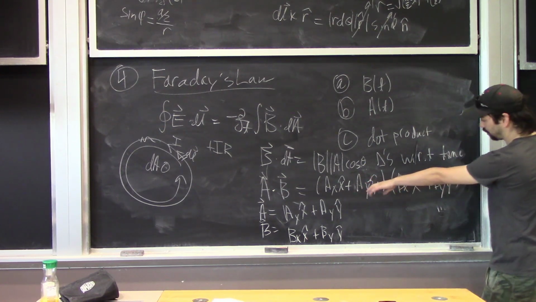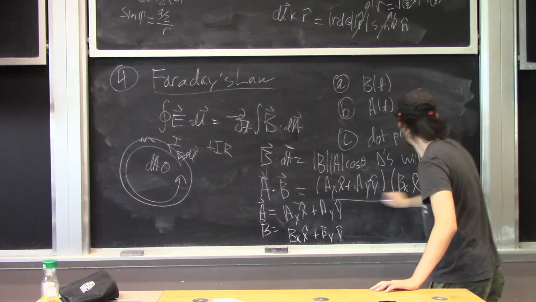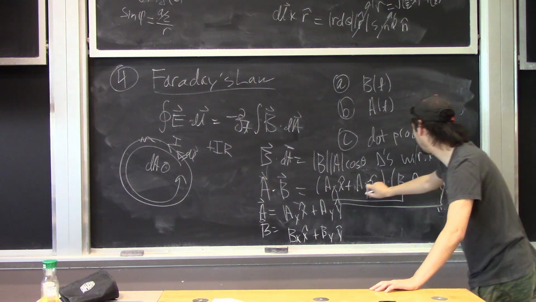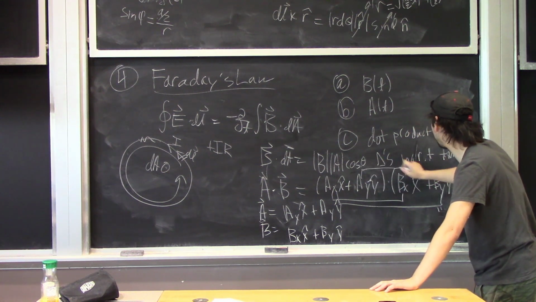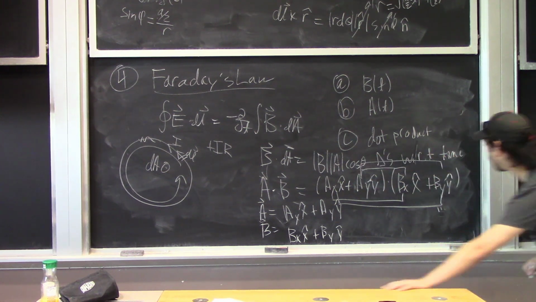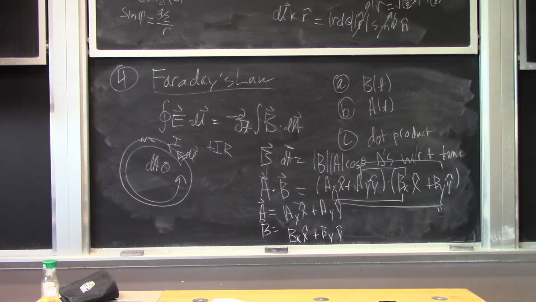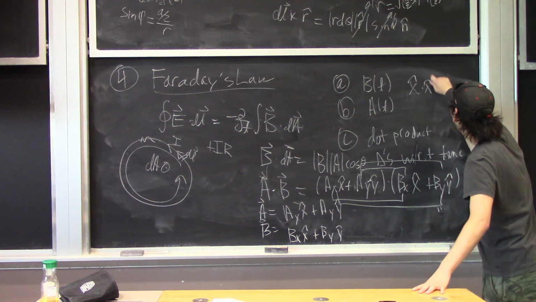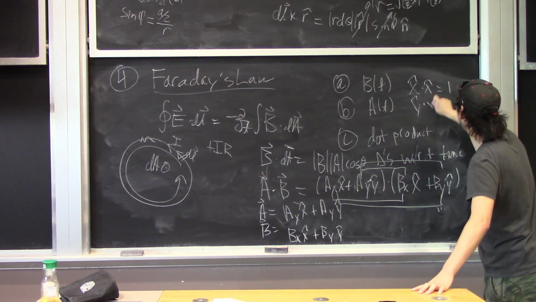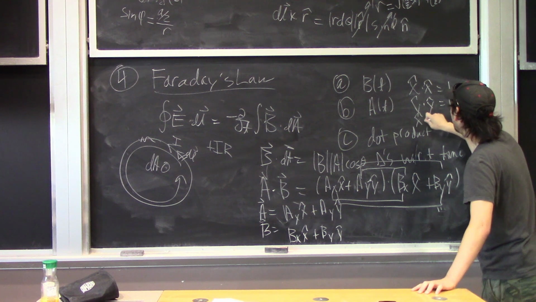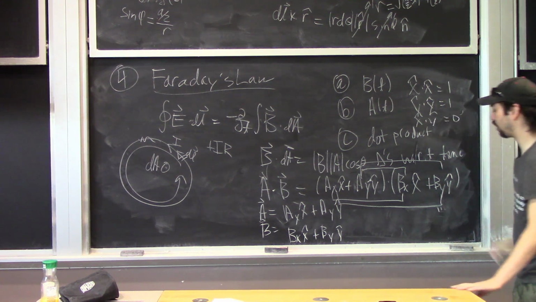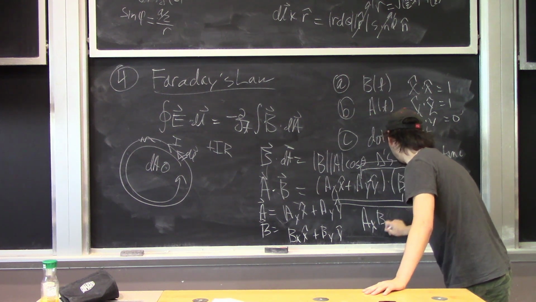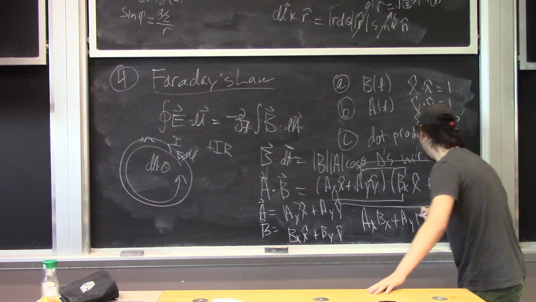And ultimately, you have to FOIL this. So this is this term times this term, plus this term times this term, plus this term times this term, plus this term times this term. Because x hat dot x hat is equal to 1, y hat dot y hat is equal to 1, and x hat dot y hat is equal to 0, this ends up being AX BX plus AY BY.